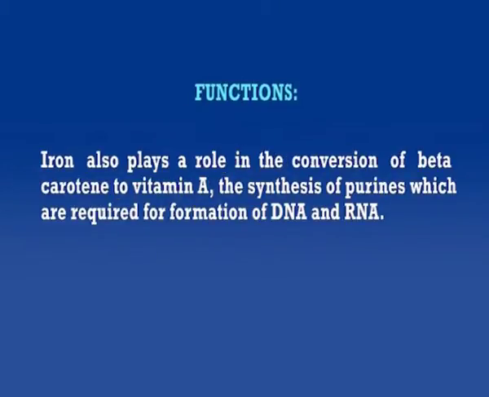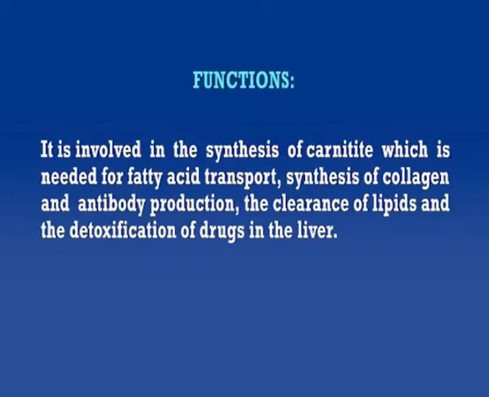Iron plays a role in the conversion of beta-carotene to vitamin A, and the synthesis of purine, which is required for the formation of deoxyribonucleic acid and ribonucleic acid. It is involved in the synthesis of carnitine, which is needed for fatty acid transport, synthesis of collagen and antibody production, the clearance of lipid, and the detoxification of drugs in the liver.